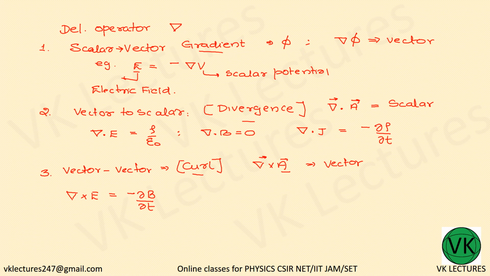Again you have the fourth Maxwell's equation, del cross B equal to mu naught J plus 1 by c square dou E by dou t. Again we have del cross A, where A is a vector potential, del cross A equal to B. This is the magnetic field.